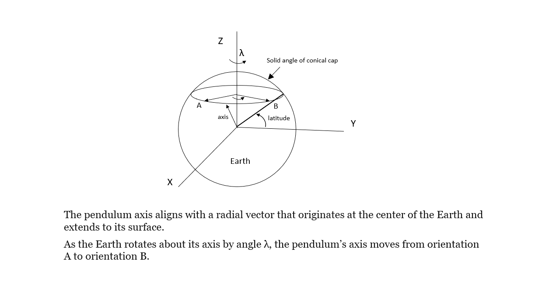As the Earth rotates about its axis by angle lambda, the pendulum's axis moves from orientation A to orientation B. After a complete revolution of the Earth, when the Foucault pendulum gets back to its original position, the induced rotation is equal to the solid angle of the conical cap north of the pendulum's location.